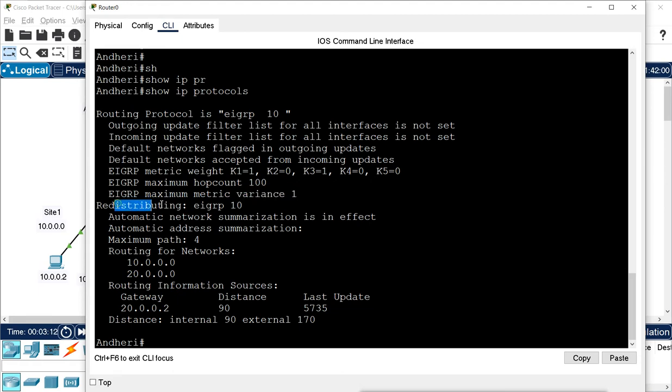Then redistributing to EIGRP 10 means it is only doing communication between EIGRP and EIGRP. This redistributing option is available, and we can enable routing between other protocols by using redistribution.